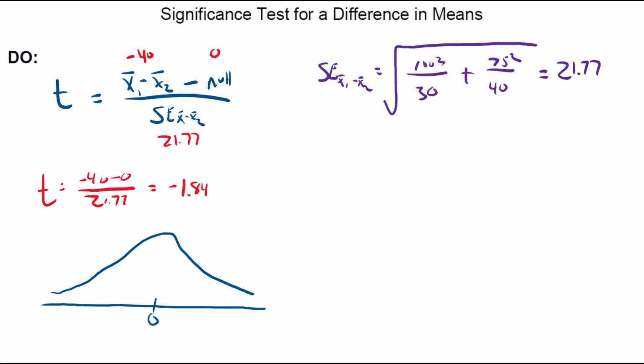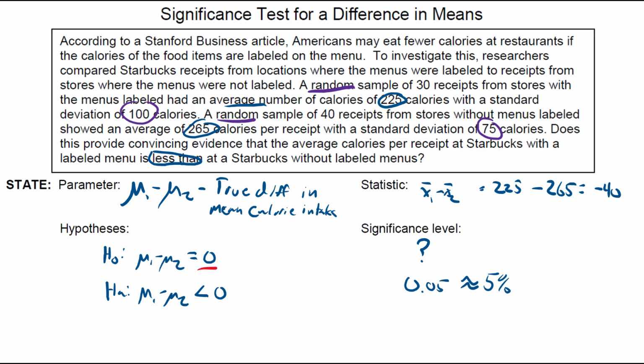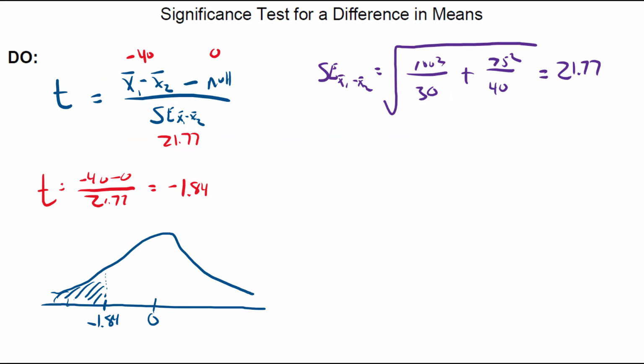We have our t-score of negative 1.84. Okay. And we're going to use this by saying I'm going to shade less than, because we said in our alternative hypothesis we're saying the difference is less than 0, so we're going to get from negative infinity up to our negative 1.84 t-score value.